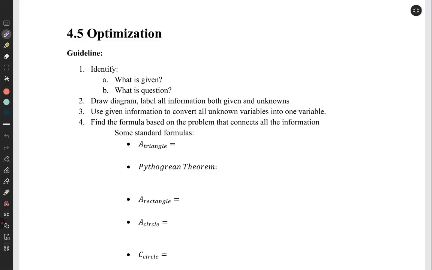Optimization. This is basically the related rate. These are related rate problems. Related rate combined with derivative test.